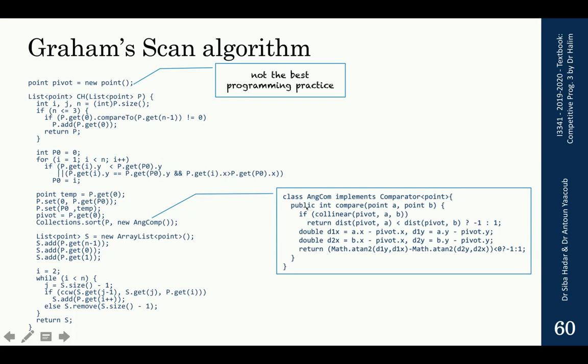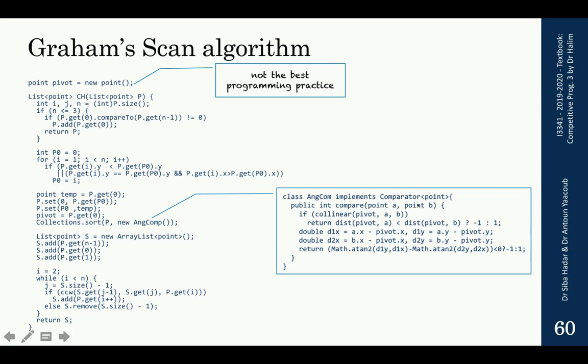It is called public int compare and it takes two parameters which are of the same type as the type parameter of the Comparator interface, and you tell the function when to return 0, when to return something negative, and when to return something positive.